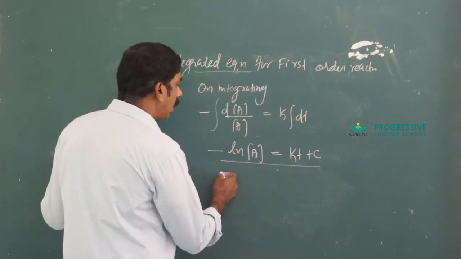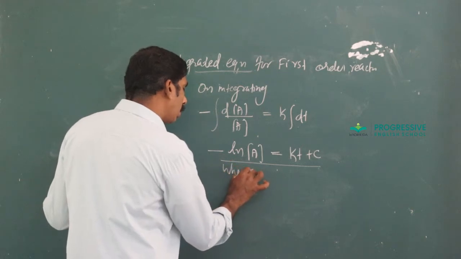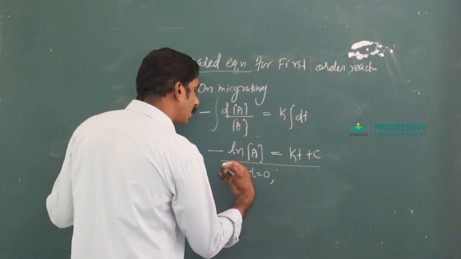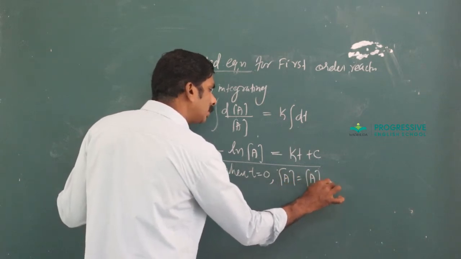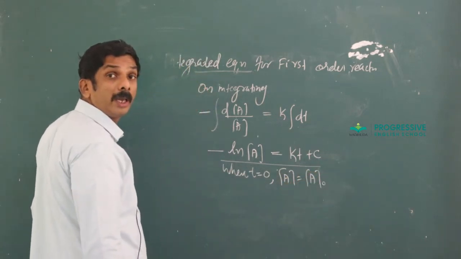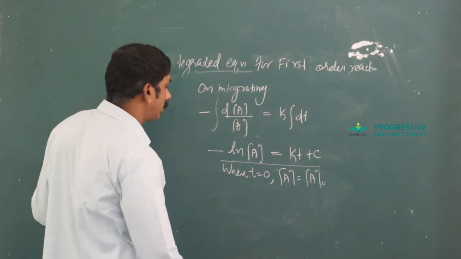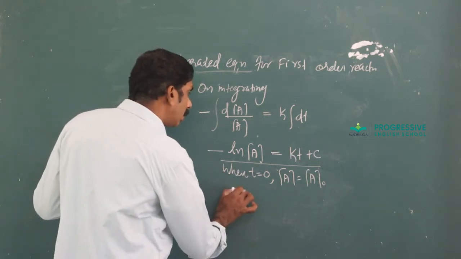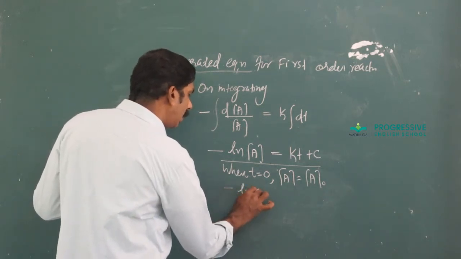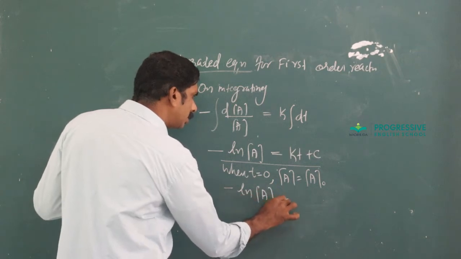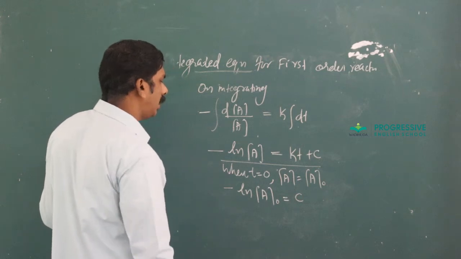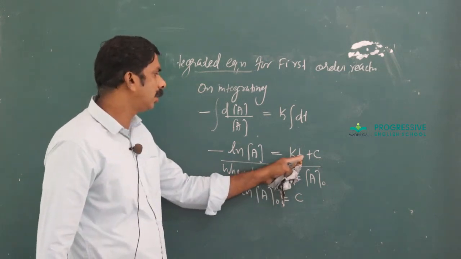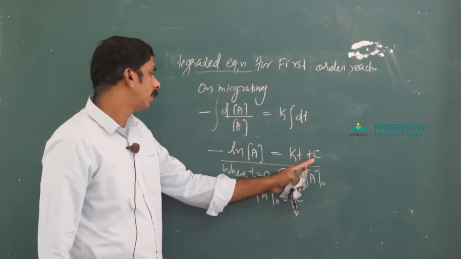Constant of integration value: at initial concentration, when T equal to 0, A equal to A0, which is called the initial concentration. That is, minus ln A0 equal to K into 0 plus C, that is K into 0 is 0.